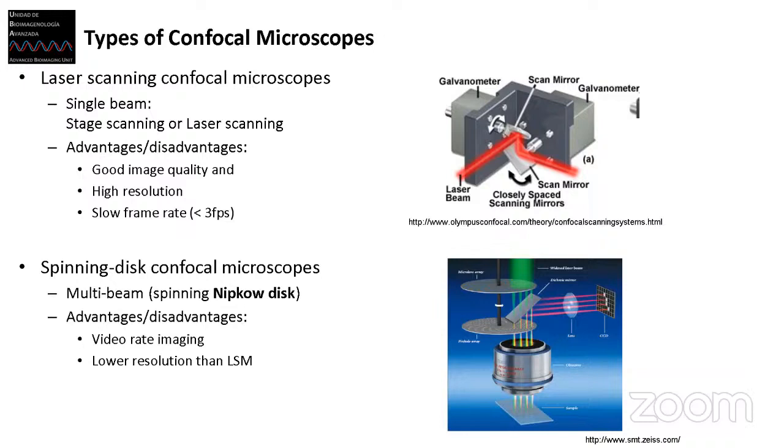The advantage of this is very high quality, high resolution, and the drawback is you need to go point by point, and of course you compromise time. So it's slower than a camera. In the time that you take an image in a camera, you will have a few pixels scanned by the scanning lens, but not a full image.